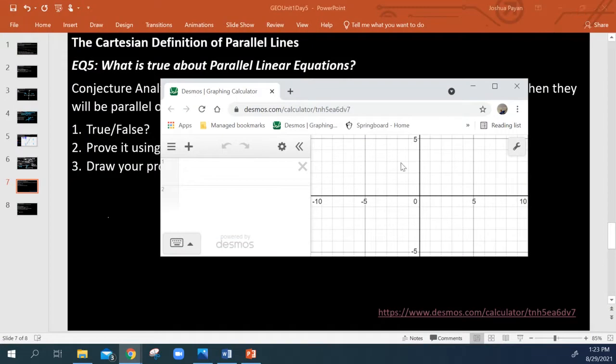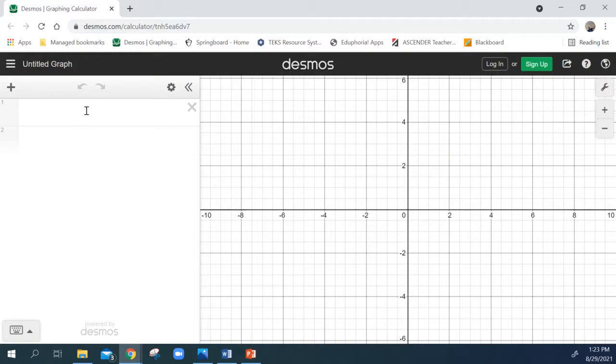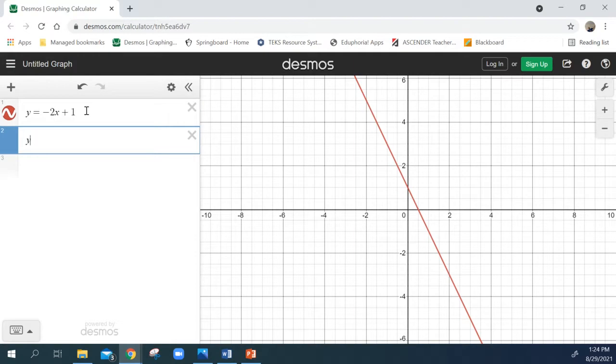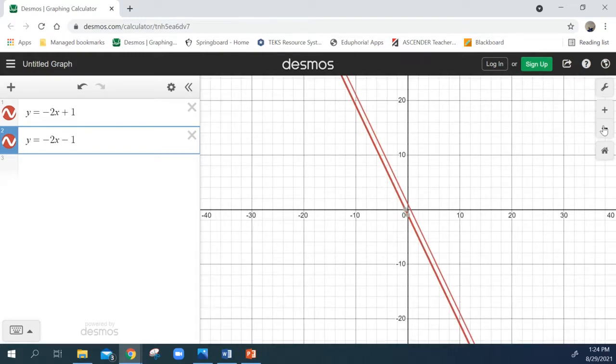Let me make this not so giant. Oh, the heck with it, I'll make it giant. Okay, so let's use the example I had before: y equals negative 2x plus 1 and y equals negative 2x minus 1. Well, we can see these two lines, no matter how far we zoom out, are perfectly parallel.